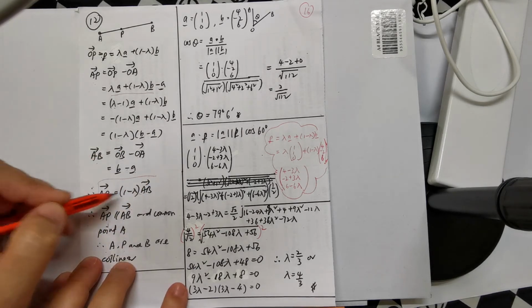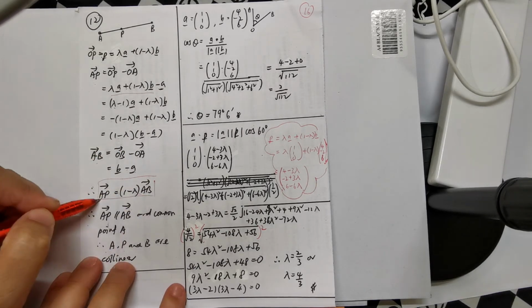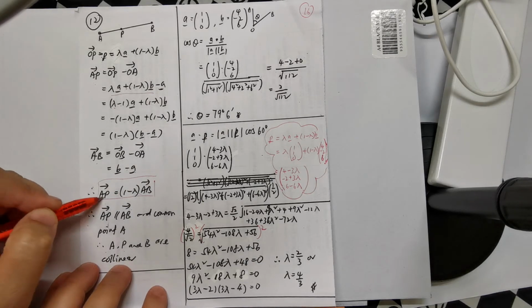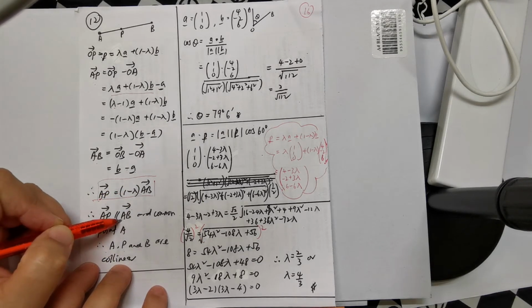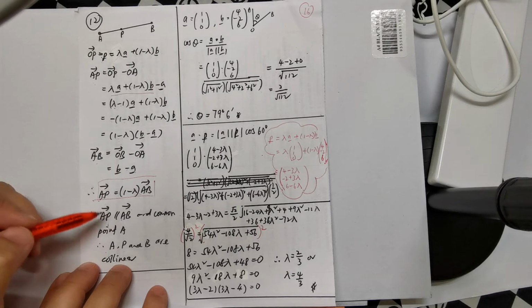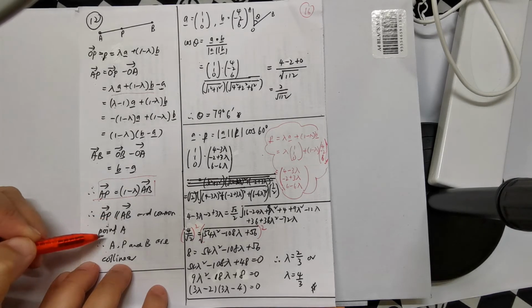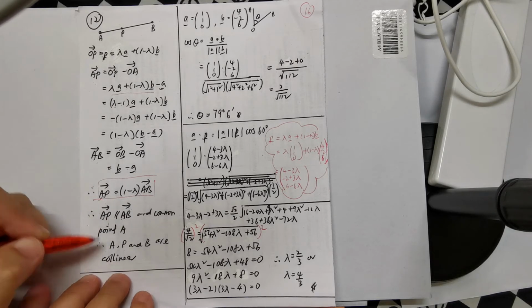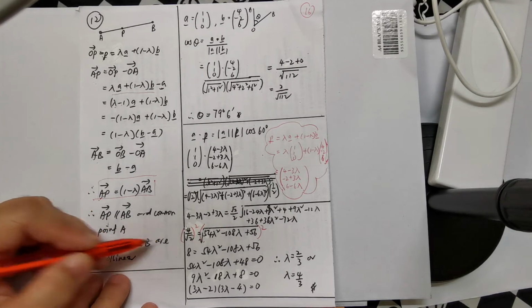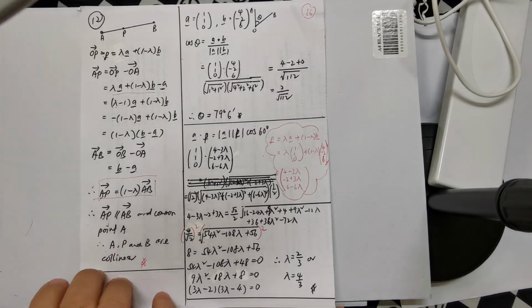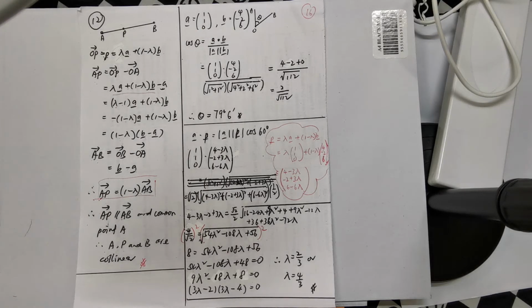Remember when we can find the relation between two vectors, our conclusion is AP is parallel to AB. And I see one common point A. Parallel and common point A, therefore A, P, and B are collinear. So this is the first part, to show A, P, and B are collinear.